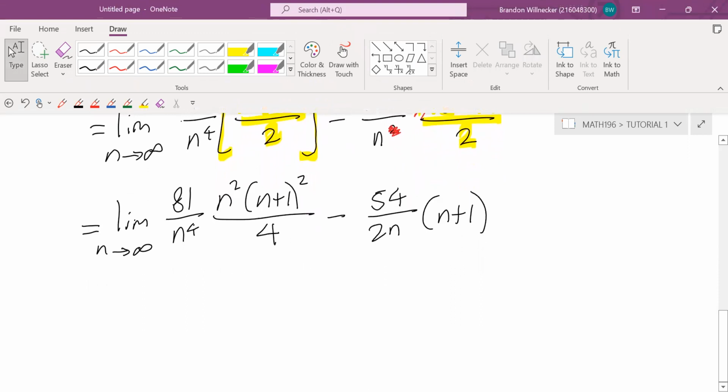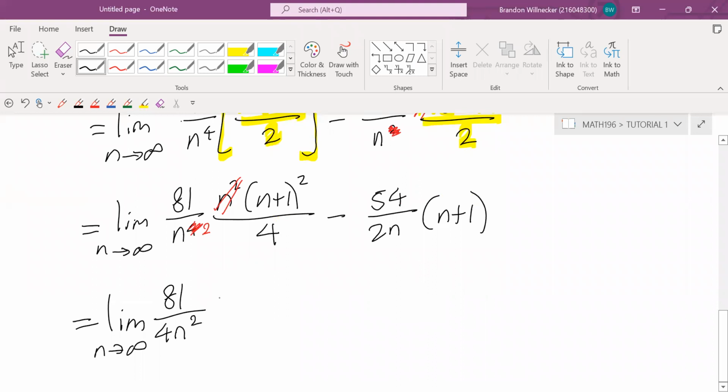Okay. So what else can we do now? So for the first term, we've got n squared in the numerator, n to the 4 in the denominator. I can cancel that n squared, and I can cancel 2 of those. So I'm left with n squared in the denominator. Okay, so what do we have now? We have the limit as n goes to infinity of 81 over 4n squared.